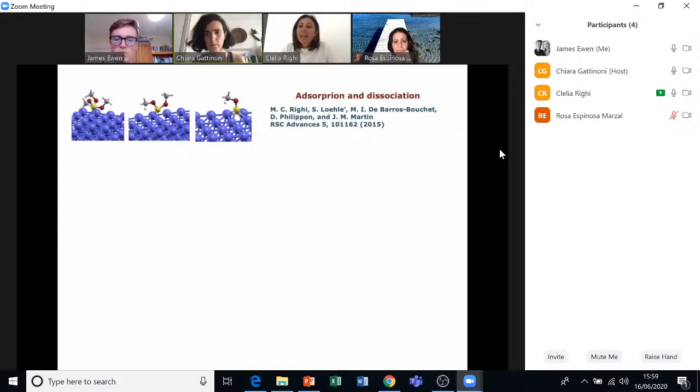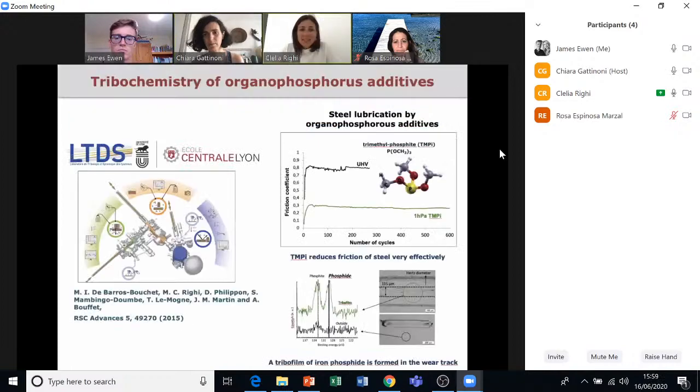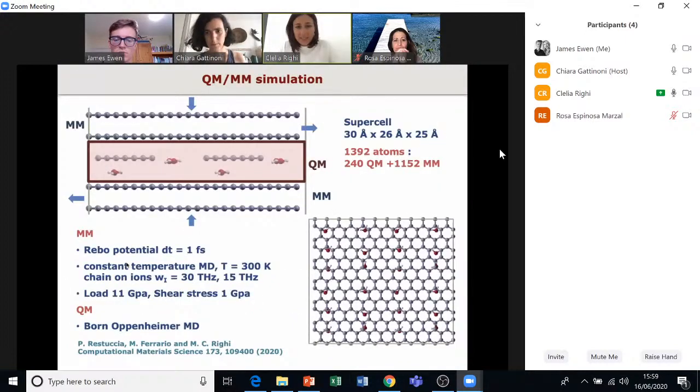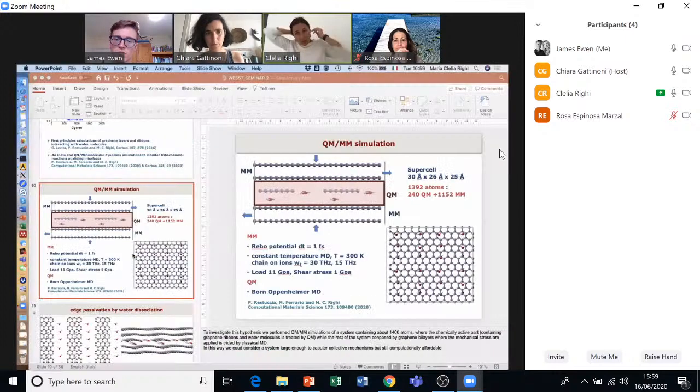Yeah. In this case, I don't know if I have the simulation, but I can describe it. In that case, we performed just classical simulation based on the ReaxFF potential, and we considered 2 diamond surfaces lubricated by graphene flakes.